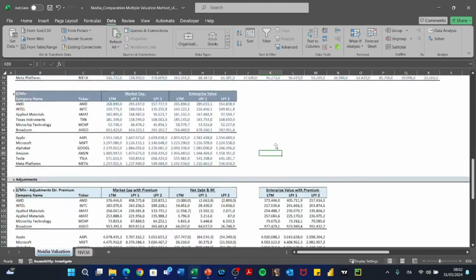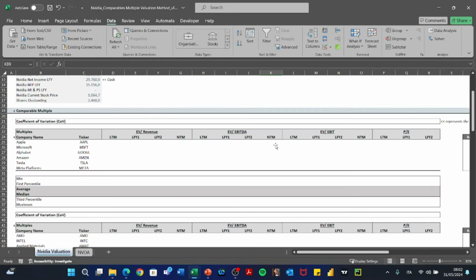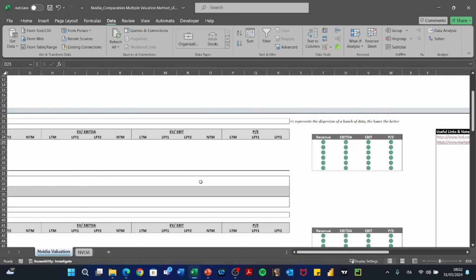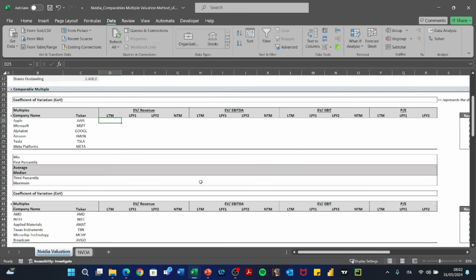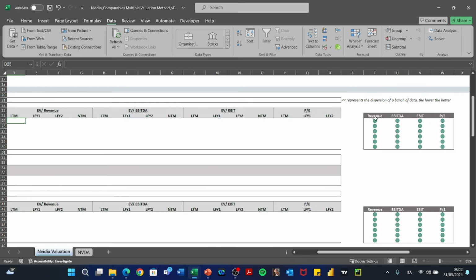Let's now calculate the multiples of the comparables of Nvidia. In this case, I want to make the Excel dynamic. So here you have a selector if you want to include or exclude a transaction from the panel.